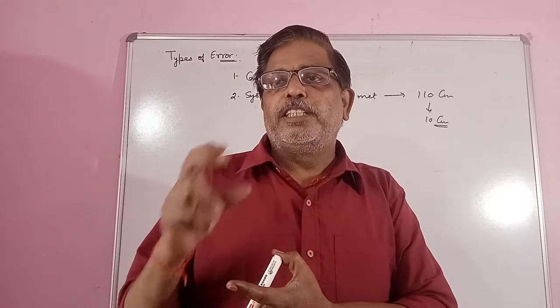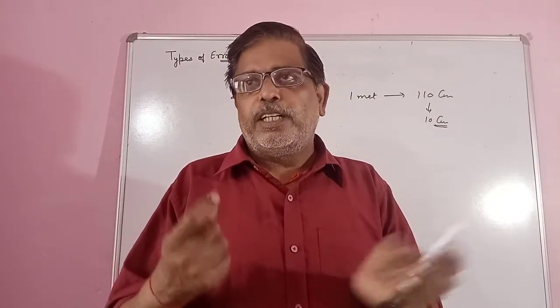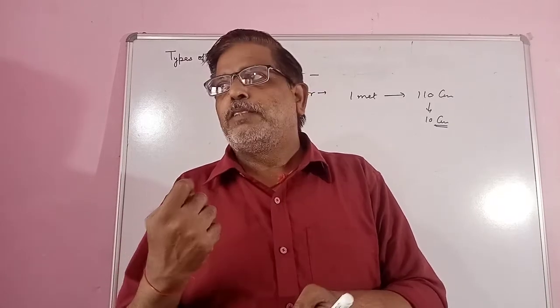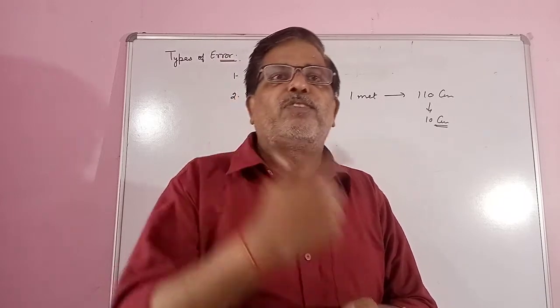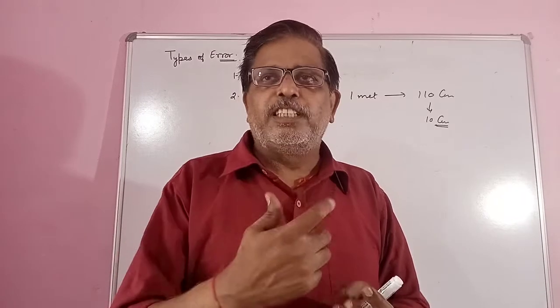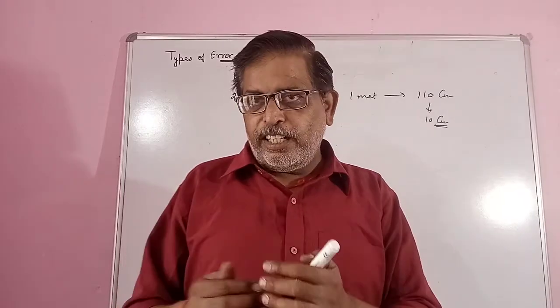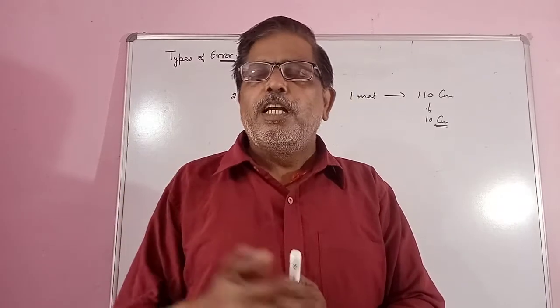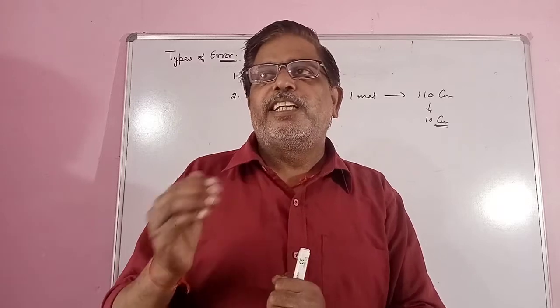Means we are measuring some length shorter than actual one, but in different magnitude. Means one time we are leaving 2 centimeter, second time we are leaving 1.5 centimeter, third time we are leaving 1 centimeter, again we are leaving 3 centimeter. So we are leaving something. So error is in one direction only, but the amount of error is different.